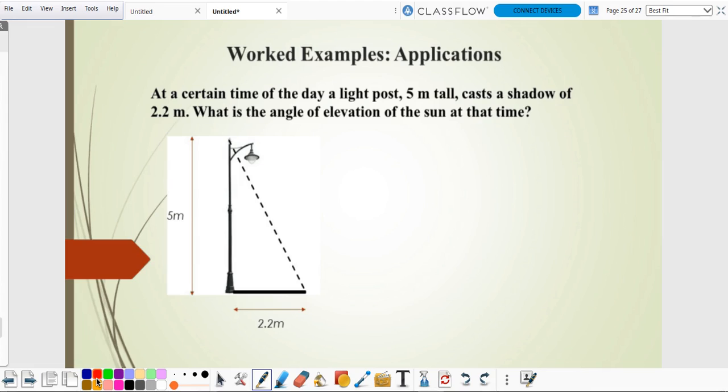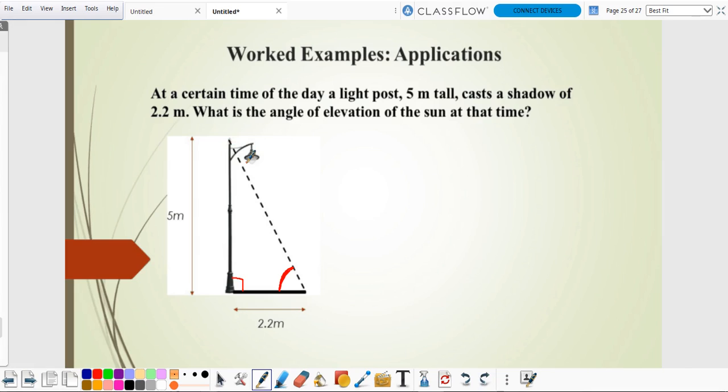You have your diagram, a triangle. Which angle are we looking for? It's angle of elevation, so you're looking up here. If it was angle of depression you'd be looking for this, but it's not.